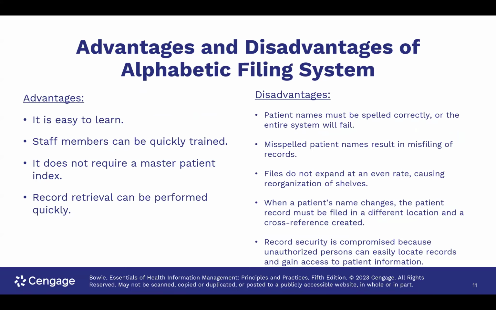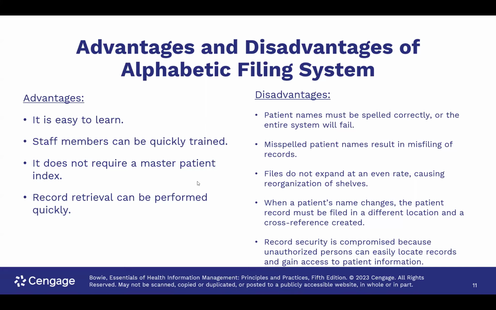Some advantages and disadvantages of the filing system. Number one, it's easy to learn. Most people understand alphabetical order, so you can train new staff members quickly. You don't really need a master patient index, and record retrieval is performed quickly. Now, for the downside, if somebody misspells a name, you may never find their record, right? Because you can't find it. And misspelled patient names result in misfiling of records.